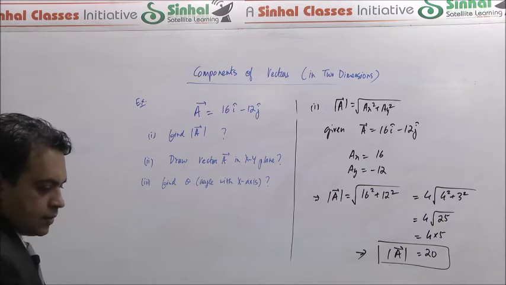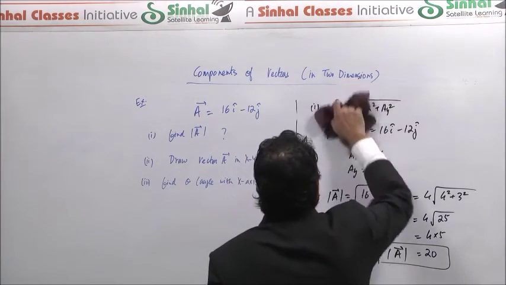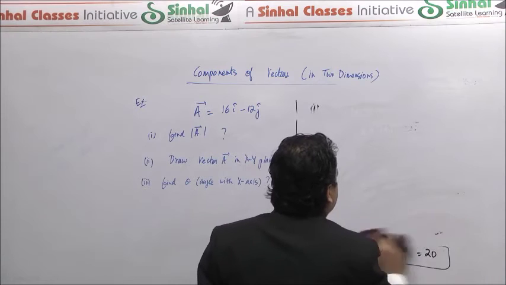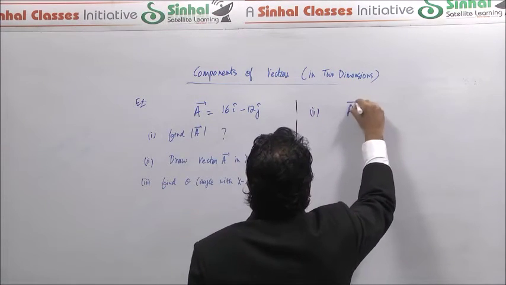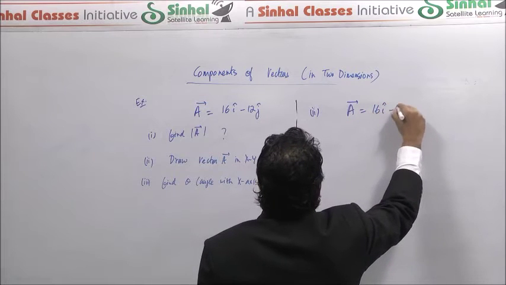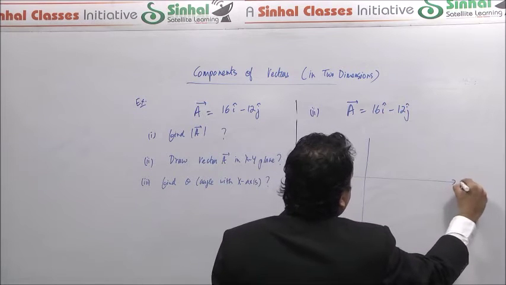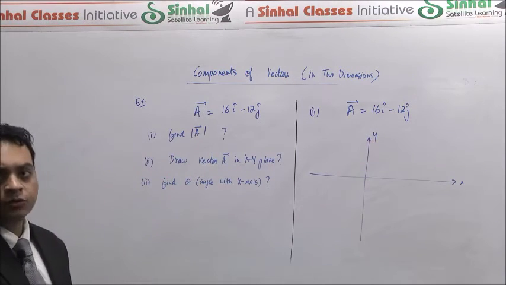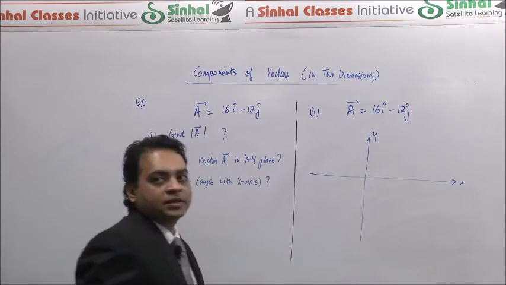Next, let's see the vector E in the two-dimensional xy plane. When we're talking about drawing the vector E, which is 16 i cap minus 12 j cap in the xy plane, we are basically expressing the vector E as the sum of two vectors. One vector being 16 i cap and the other vector being minus 12 j cap.